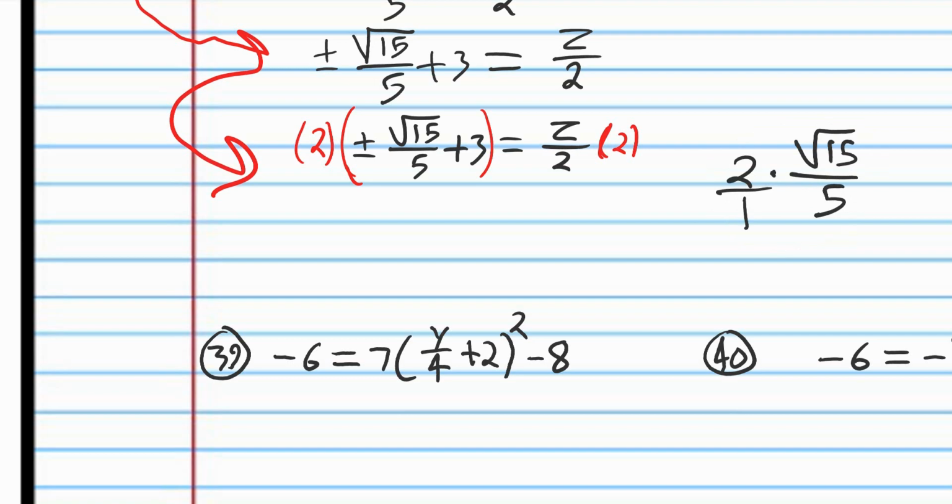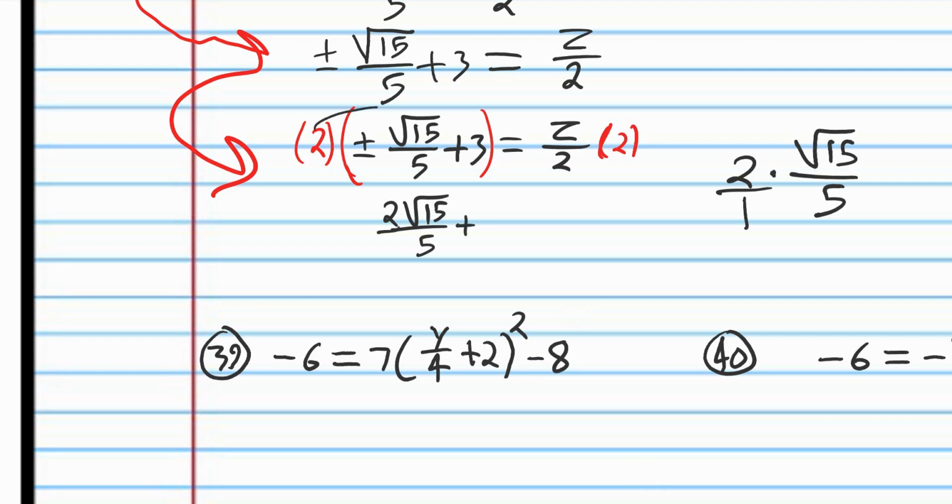So 2 times root 15, we can't really do that. We just put them next to each other. Remember, when you're multiplying a root by a number, you just put them next to each other. And then 1 times 5 is 5. So 2 times this expression is equal to 2 root 15 over 5. That's it. No big deal.